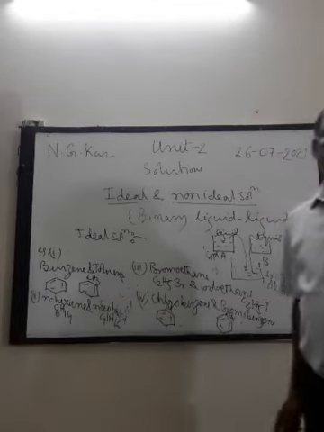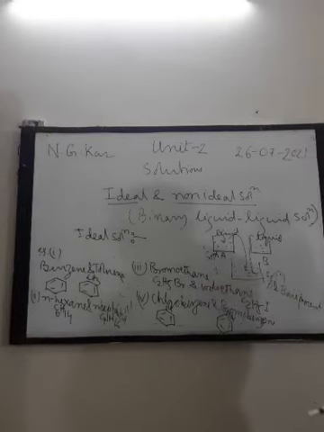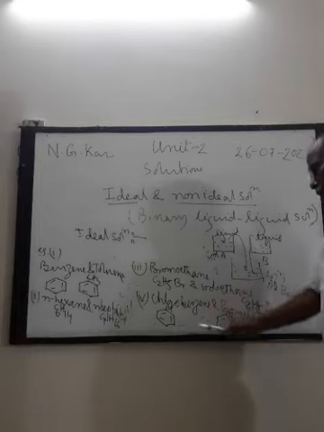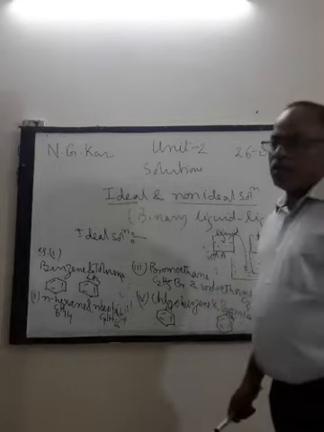N-hexane and N-heptane also form ideal solution. Bromoethane and iodoethane form ideal solution, and also chlorobenzene and bromobenzene also form ideal solution. So these are 4 examples of ideal solution where they have similar structure, similar intermolecular forces, and also similar molecular masses.